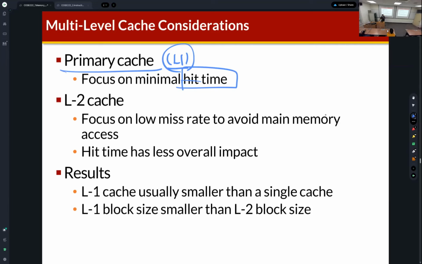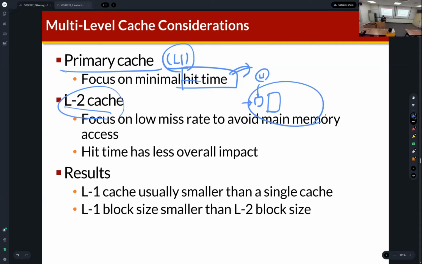So we try to reduce the access latency of the L1 cache. But the L2 cache is filtered by the L1 cache. Primarily, the request to the memory is first filtered by L1.